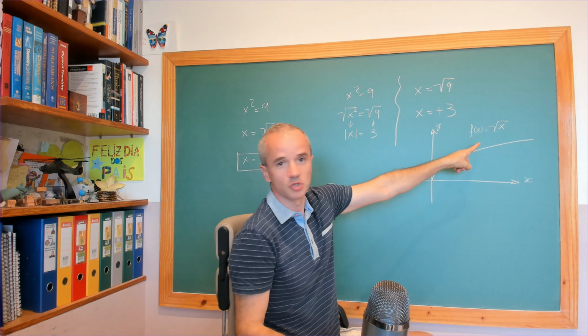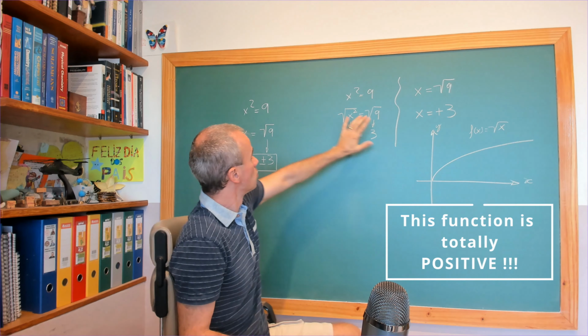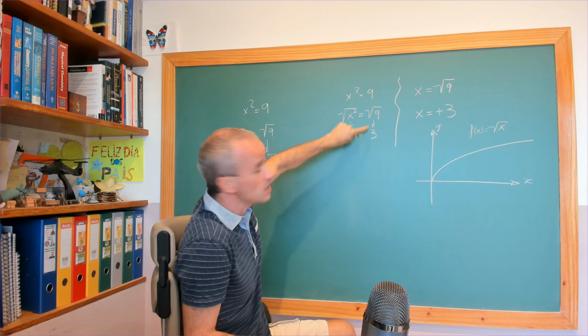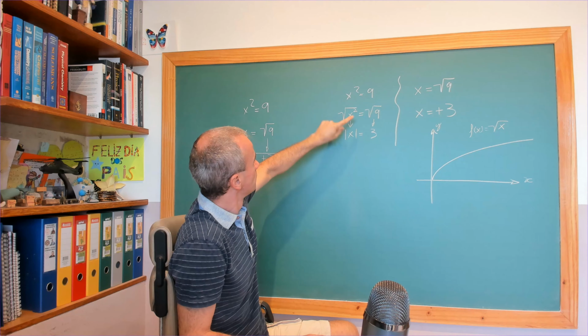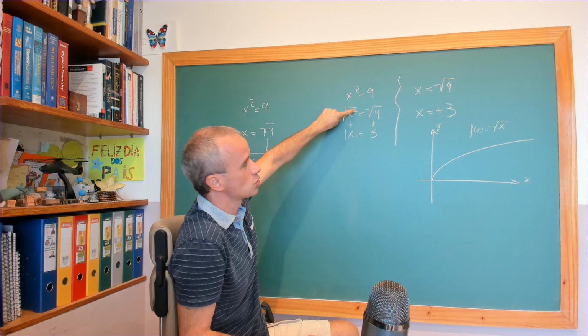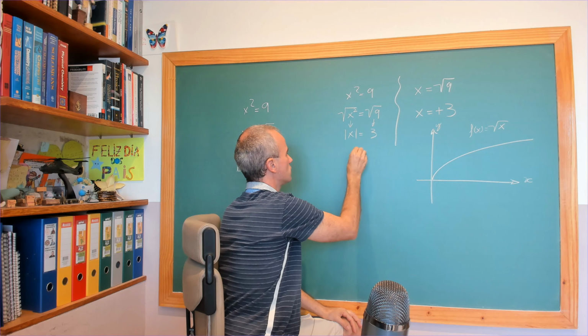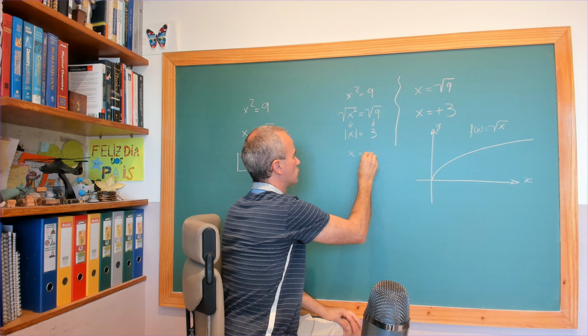So when I say that x equals the square root of something, it has to be positive. No other option is allowed because this function is strictly positive. So this is clear, agree? So when I say that the square root of 9 is 3, period. But when you take the square root of x squared, this is the modulo. And of course, the modulo is 3, so we say that x is going to be plus or minus 3.